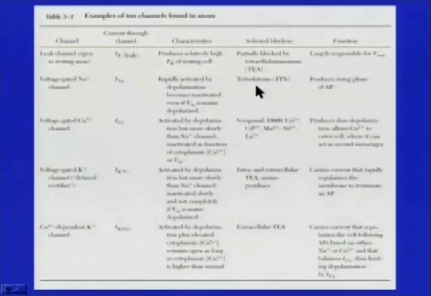Tetrodotoxin blocks these voltage-gated sodium channels, and this, of course, produces the rising phase of the action potential.